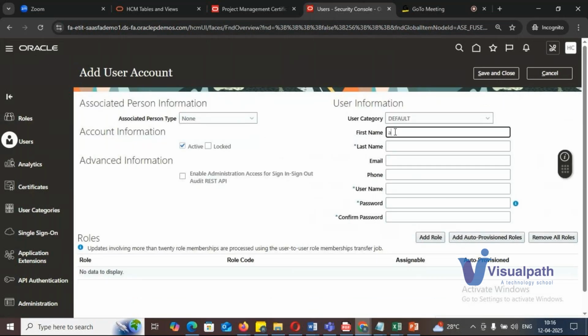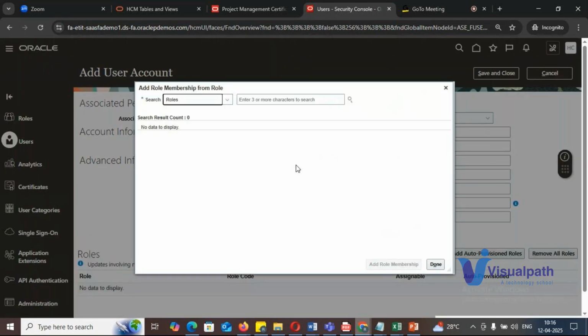Like Ajay SCM, I'm giving Ajay.scm. Here you can give any password, and you have to assign the role. Add some role. Without a role you will not get any credential in the applications.